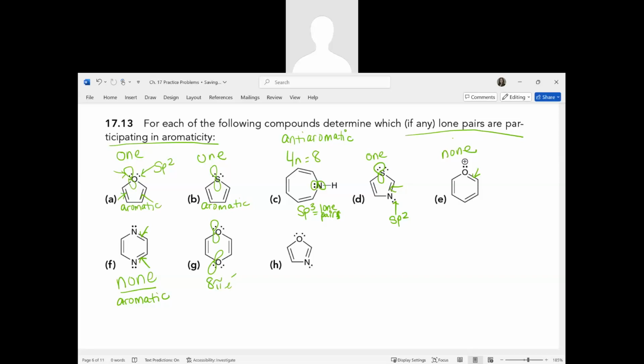And our last structure here, one of the lone pairs on the oxygen could occupy a p orbital, and the other would occupy the sp2. I'm sorry, on the nitrogen, we would have this lone pair occupying an sp2 hybridized orbital that is outside of the ring. So only one of the oxygen lone pairs would be involved in establishing aromaticity.